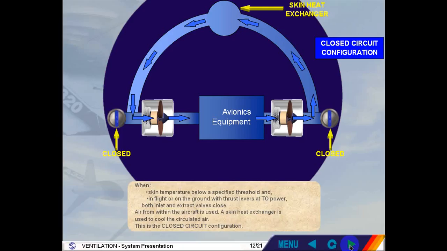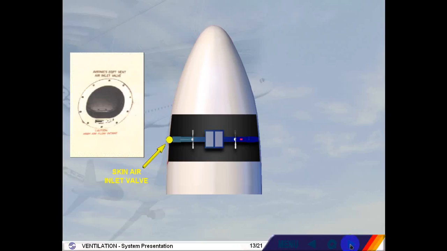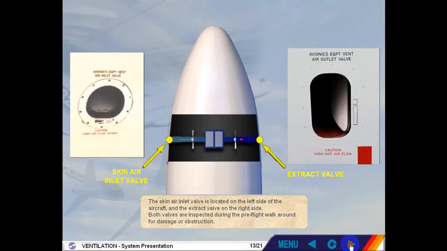This is the closed circuit configuration. The skin air inlet valve is located on the left side of the aircraft and the extract valve on the right side. Both valves are inspected during the pre-flight walk-around for damage or obstruction.